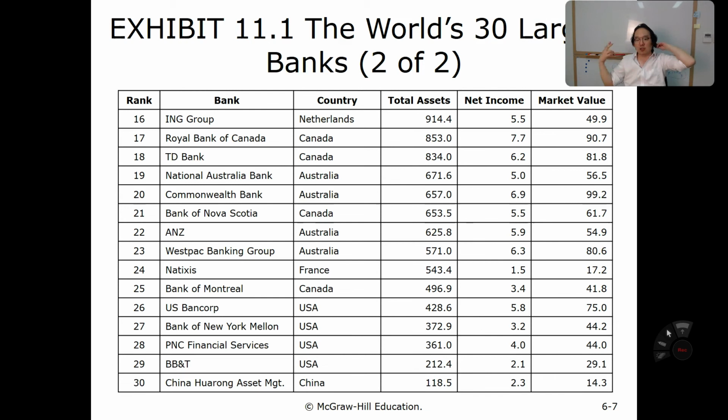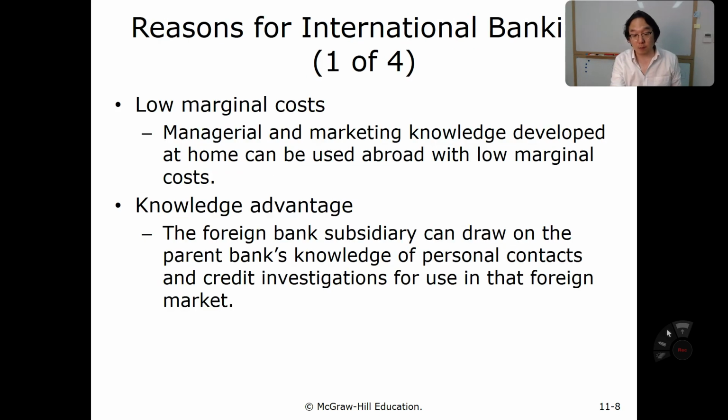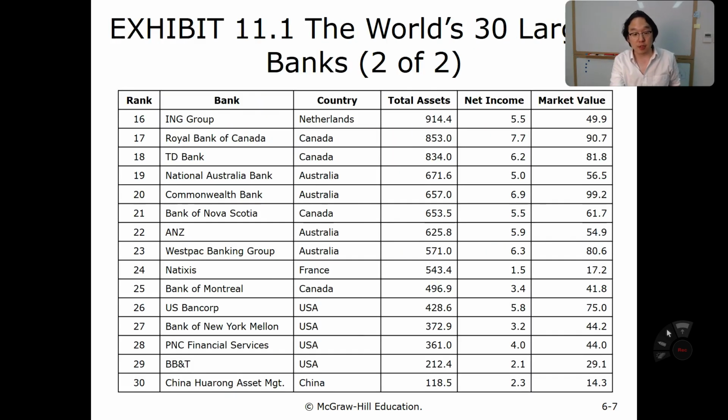Oh yeah, Alexander Hamilton is the name. And then PNC Financial Services, USA, and then China Huarong Asset Management. That comes to 30. A lot of Chinese banks are there these days.